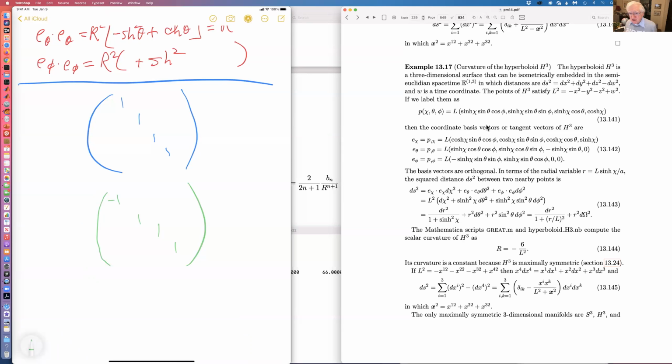You differentiate p with respect to these angles, you get these variables. And let's see, which is the easy, if we dot this with this, we're obviously going to get that. What about this top one? Let's see if I have the right metric. What would E chi dot E chi be with this metric?